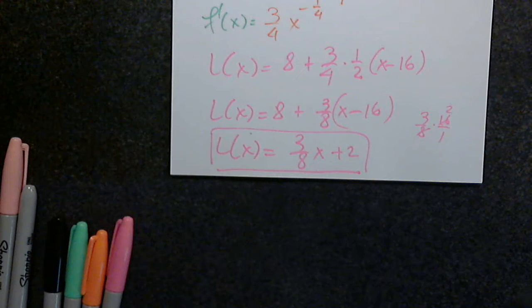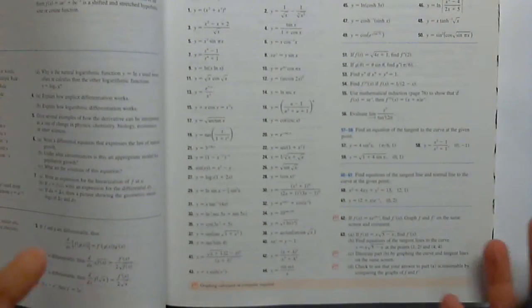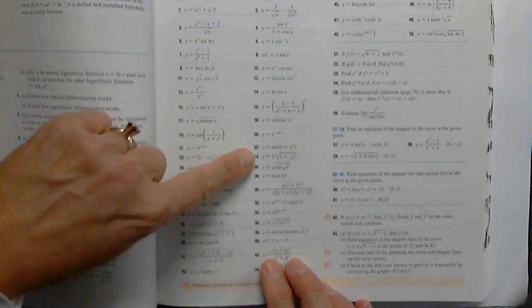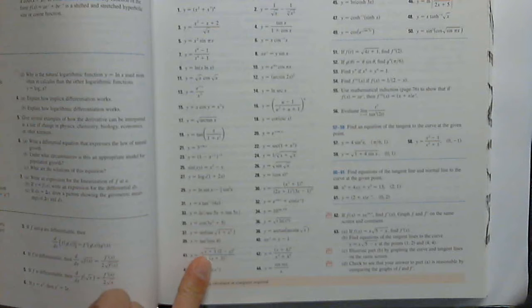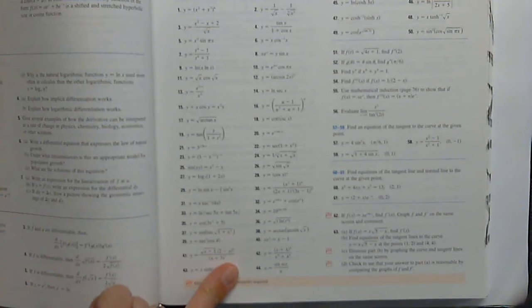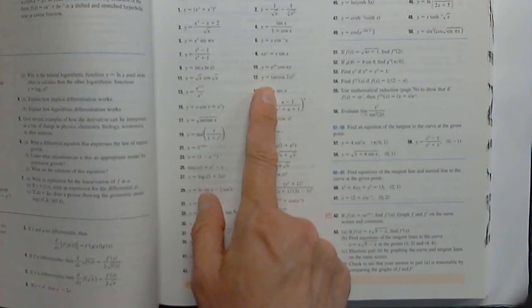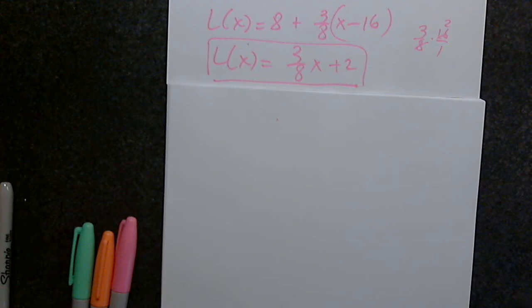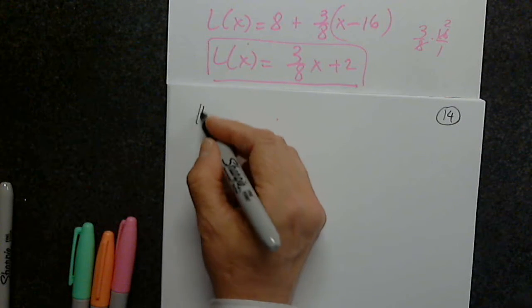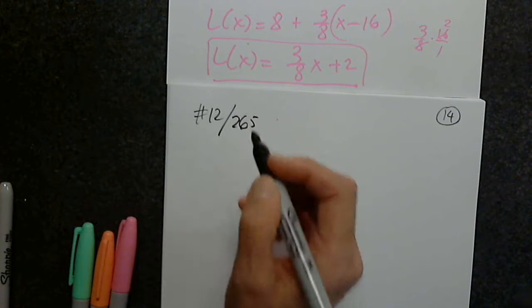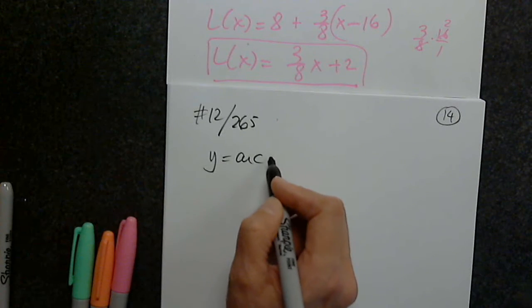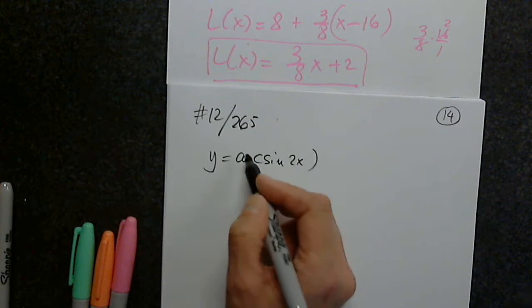Okay, why don't we work on some derivatives since we have 10 minutes left? So let's work on a couple of derivatives from the review exercises, page 265. So for example, like problem 12, I'm going to copy a couple and let's work on those. Let's say number 12 on page 265, y equals arc sine 2x everything squared.